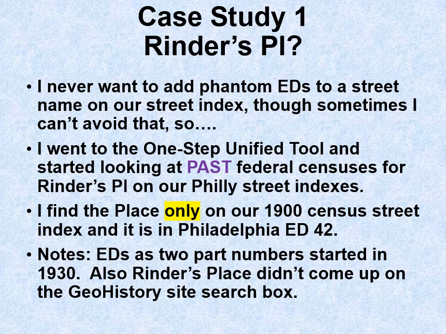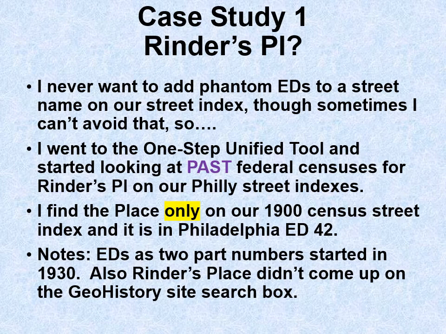And I found Rinders Place only on our 1900 Census Street, and it is in Philadelphia, 1900 ED 42. Okay, two notes. EDs as two-part numbers started in 1930, so Philadelphia ED 42 is a perfectly good ED number in 1900.